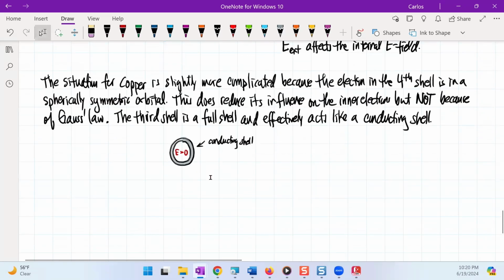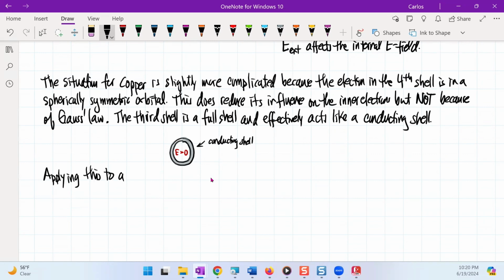So if I apply this to a copper atom, here's what we find. I have a nuclear charge right here, and now I have shells.